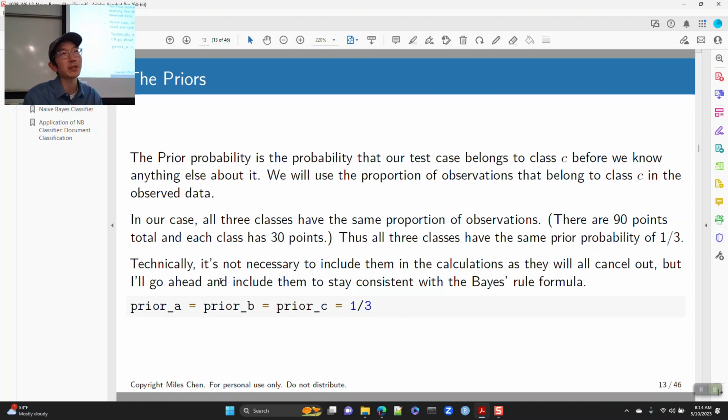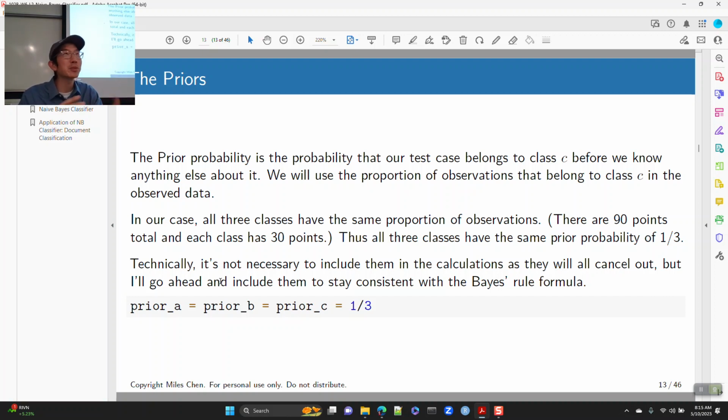So if we say that in our training data we have 90 observations, and 30 of them come from each of these three classes, and we're assuming each class is equally represented, then we can set the prior probabilities all equal to 1/3 each. But if you had a different scenario, like the marble factories, where factory A produces half the worldwide marble supply, then you would change your prior probabilities. Here we'll go ahead and use 1/3.